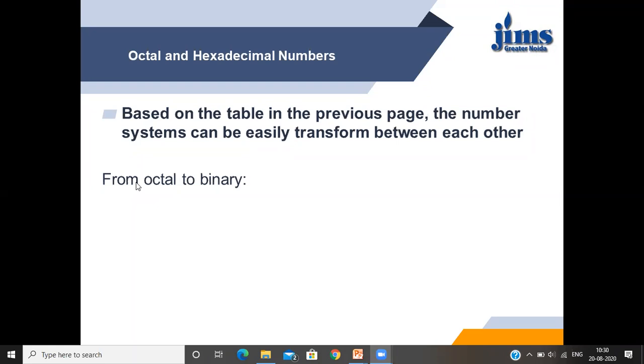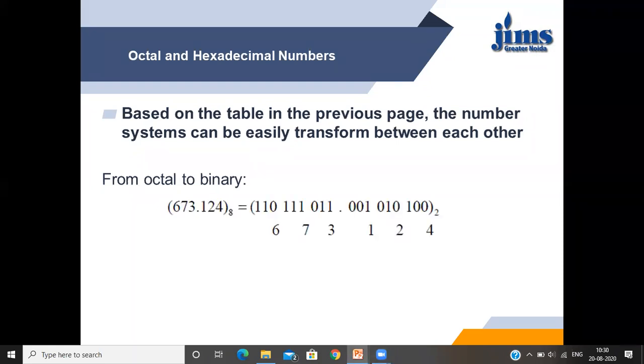Each digit of the octal number is represented by its equivalent 3-bit combination. 6 is represented by 110, 7 is represented by 111, 3 is represented by 011, 1 is represented by 001, 2 is represented by 010, and 4 is represented by 100. This number is directly converted from octal to binary.